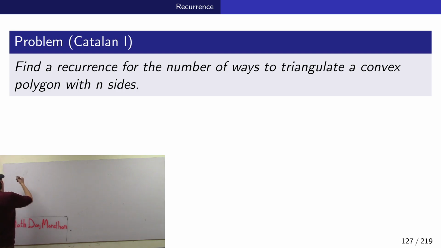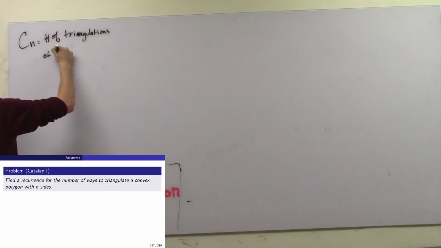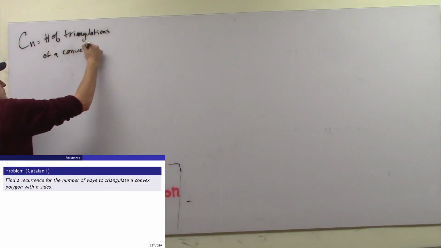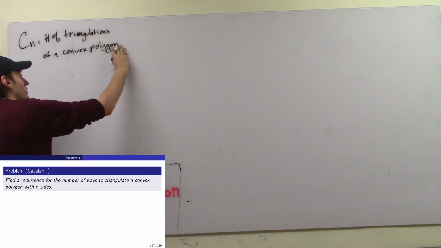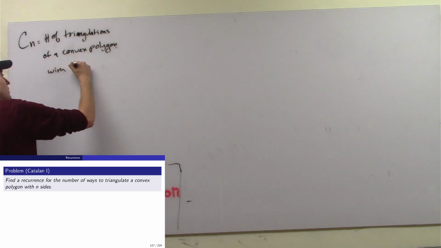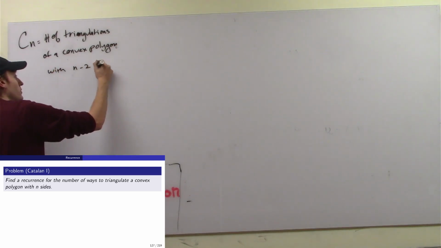So I'm going to let C sub n be the number of triangulations of a convex polygon with n plus 2 sides.